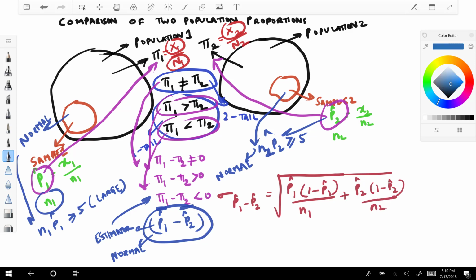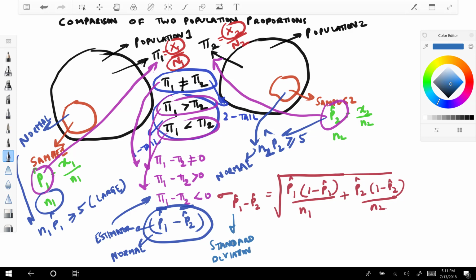So this is the standard deviation or standard error of the difference of the proportions.